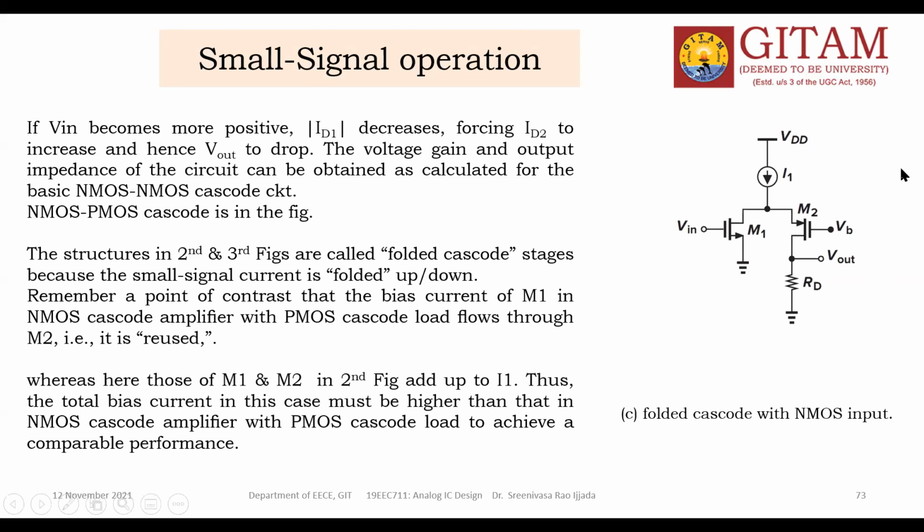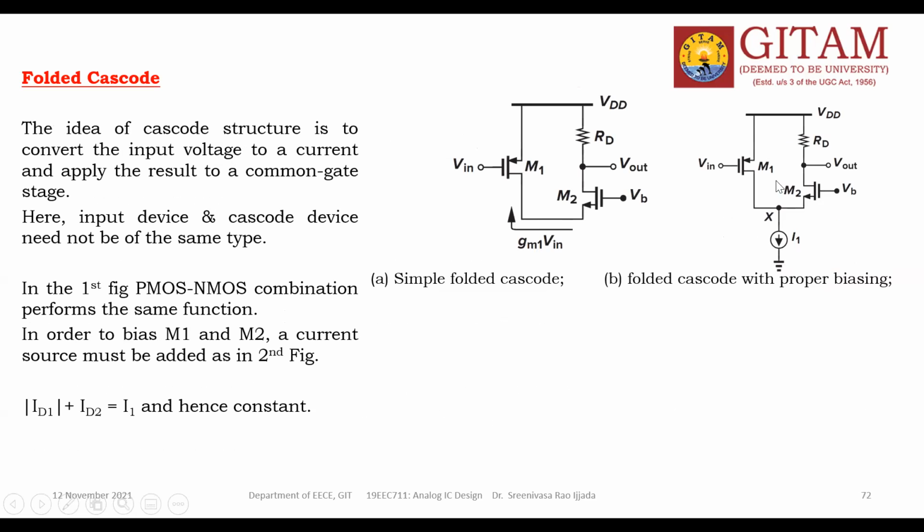Suppose this is the load; whatever current flows makes the drop, and that is the output we are taking. But in this case, it is not like that. Clear?